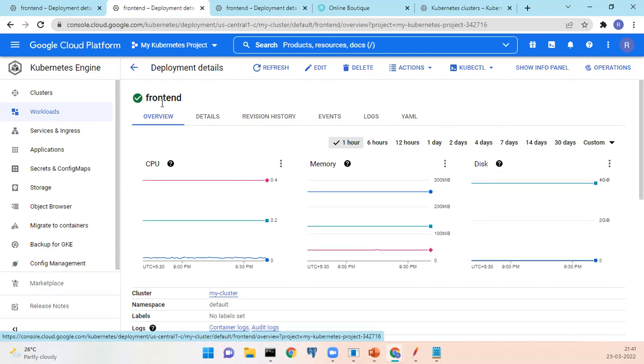So there are two aspects now. The first aspect is to understand how exactly the CPU and memory parameters increase as the load on this front end microservice increases.